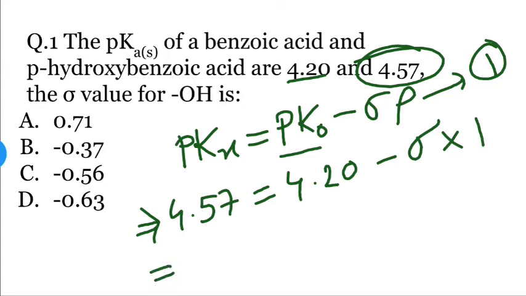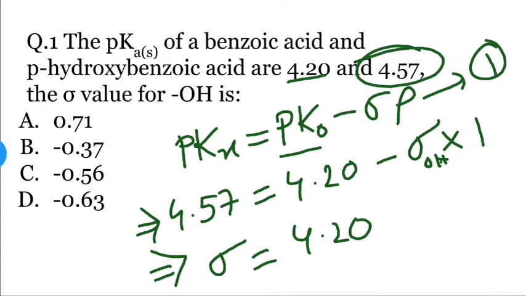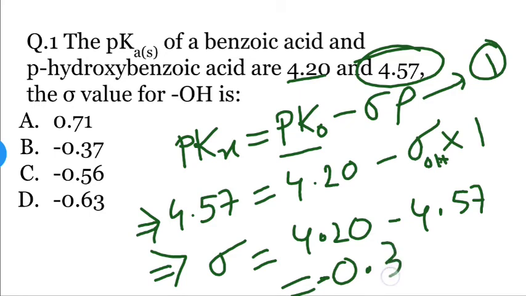We have to find the sigma value for OH. So sigma is equal to 4.20 minus 4.57. This will give us minus 0.37, right? So option B will be correct.